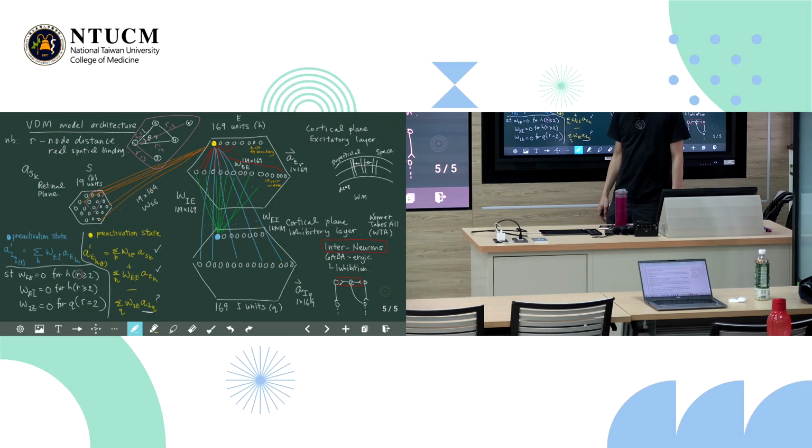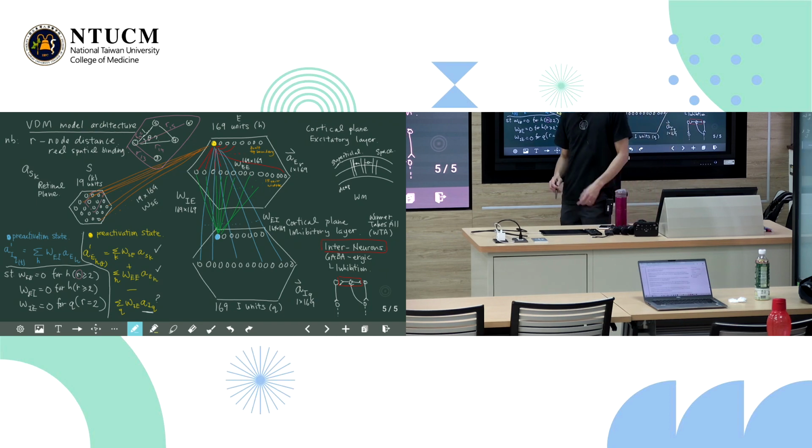Okay? Now, what does all this mean? Because this is neurally plausible. Our neural dendrites do not connect so far away.